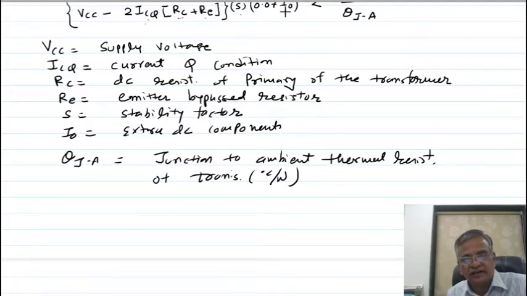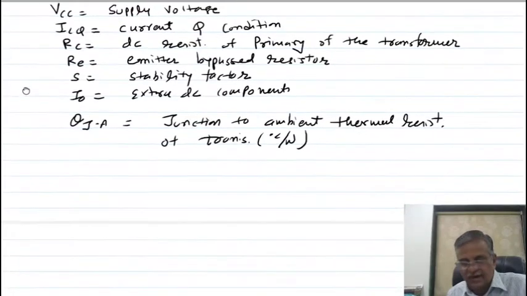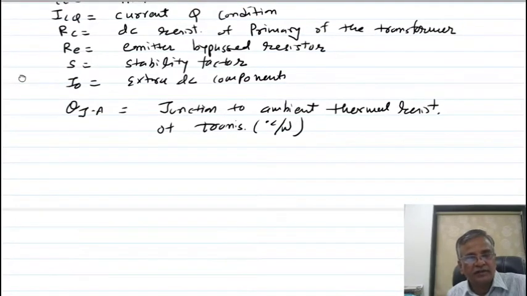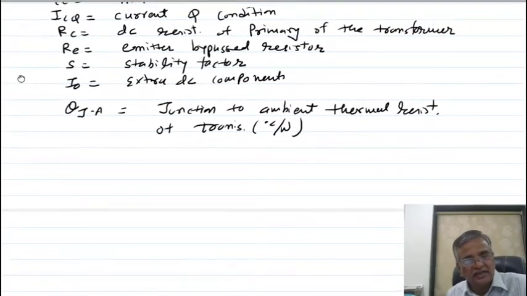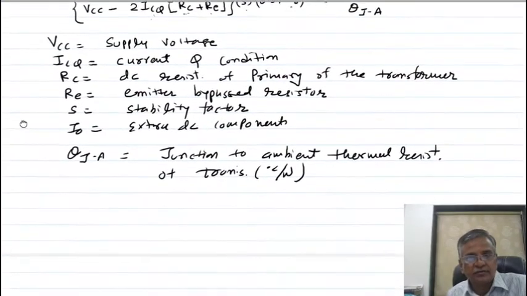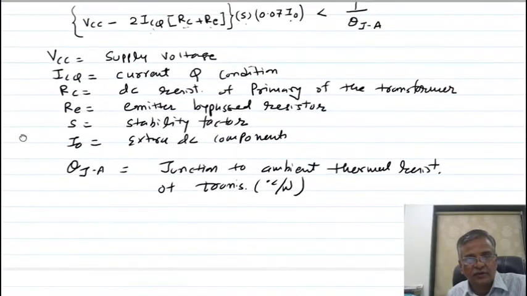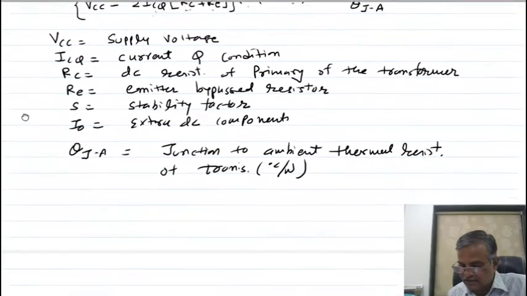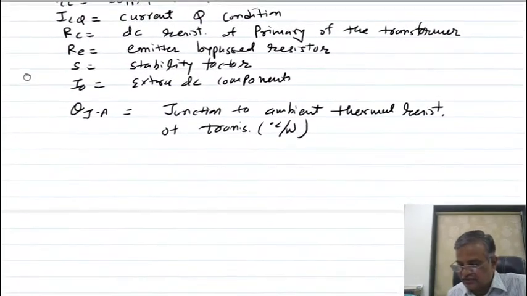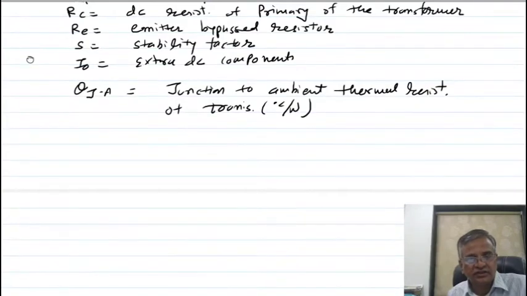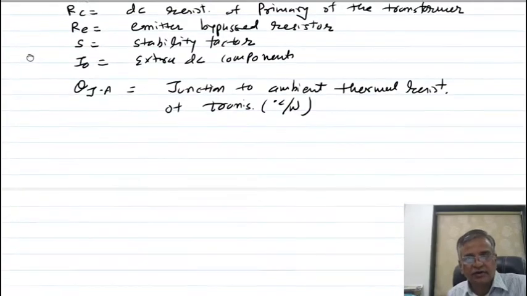You already know that a transistor is nothing but a back-to-back diode, as you studied in the five-point method. I0 comes in the term as the extra DC component, because the transistor is a back-to-back diode and some signal may be rectified. Theta J is the junction to ambient thermal resistance of a transistor. Its unit is degree centigrade per watt.